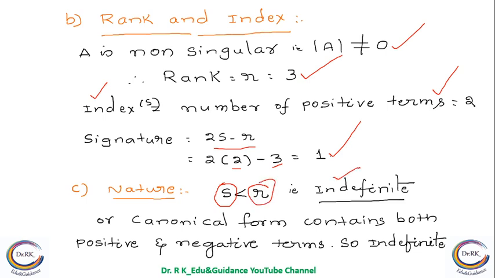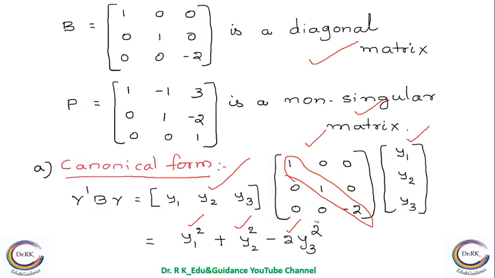Or as discussed, if you go back and see the canonical form, if all three terms are positive, then it is positive definite. Suppose any one of these terms is missing, say y2 is not there, y1 square plus y3 square, then it is positive semi-definite. Suppose all are negative, minus y1 square, minus y2 square, minus 2y3 square, all three terms negative, then it is negative definite.